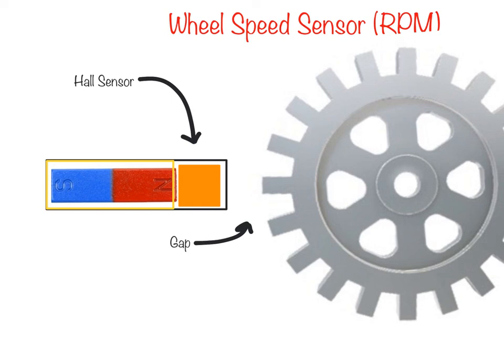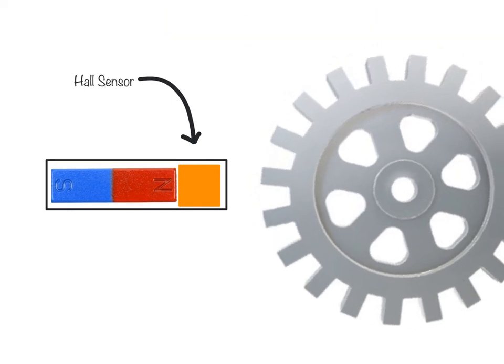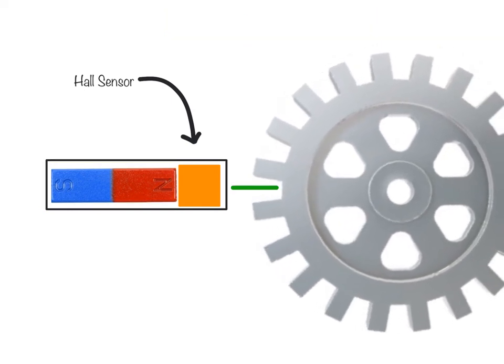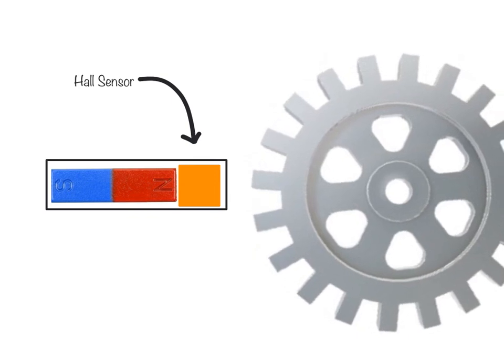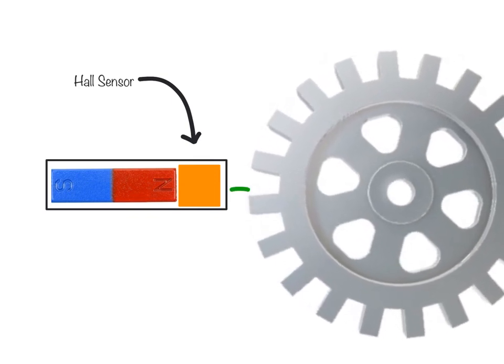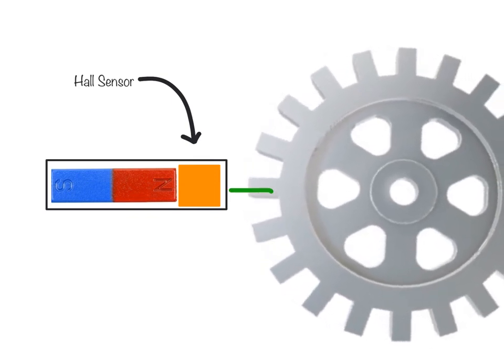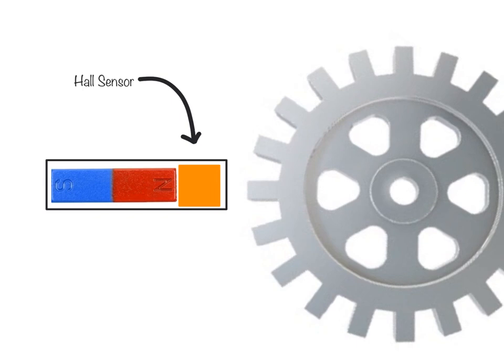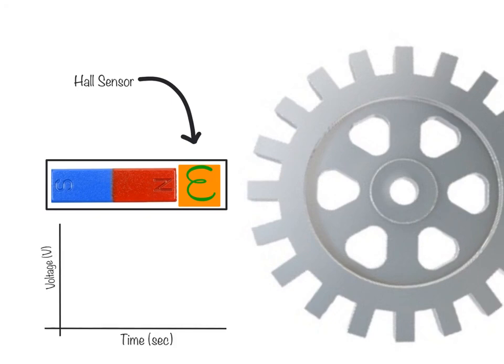Now, every time the wheel turns and the gap difference is detected by the sensor, we will see a different voltage measurement, or a Hall EMF, measured across the Hall sensor. So if we were thinking of a graph of the voltage versus time, we would see high values, low values, then high values and low values of this EMF.